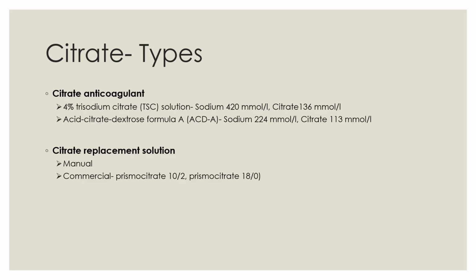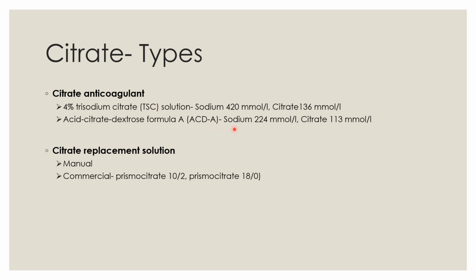Currently, there are two forms of citrate solutions available for anticoagulation. One is only used as an anticoagulant, known as citrate anticoagulant. It includes 4% trisodium citrate and acid citrate dextrose formula A. Trisodium citrate solution is more commonly used than acid citrate dextrose. Both are hypertonic solutions.